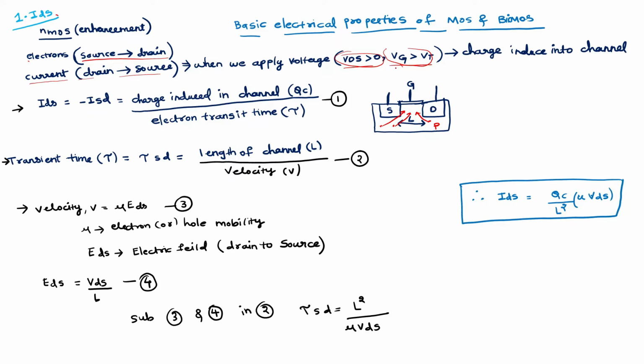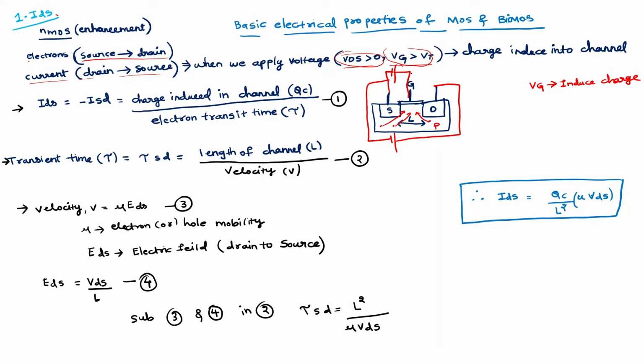Generally this VG is used to induce the charge, whereas for the voltage which we apply here, generally we will give negative to the source and positive to the drain. And for the gate, we will give positive voltage.